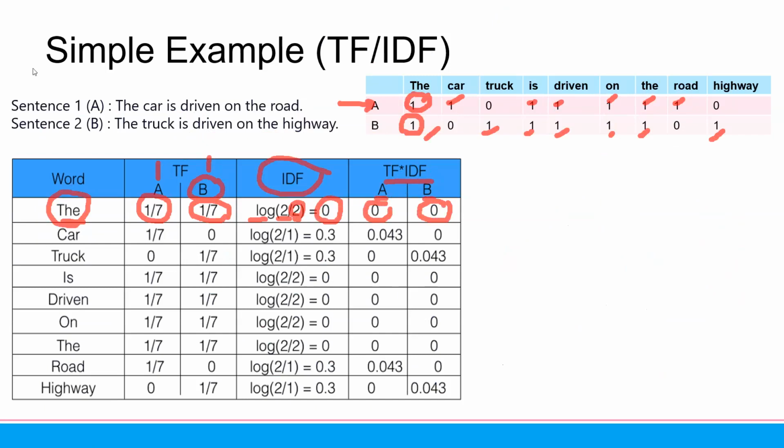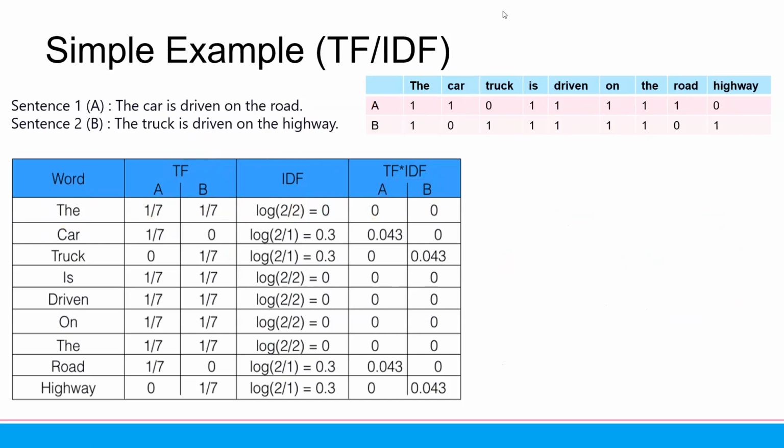What about the second word, car? The word car appears in document A, so we have 1 over 7. But it does not appear in document B, so it is 0. For the IDF, we have log 2 divided by 1. Why?